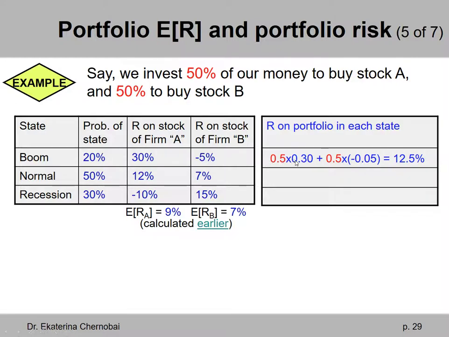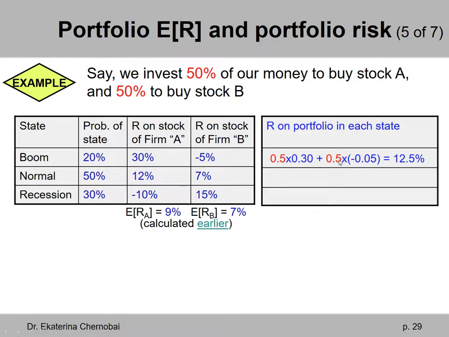So we have 0.5 times 0.30, that's for stock A, plus 0.5 times negative 0.05. That's for stock B. And this gives us 12.5%. That's the return from both A and B, the entire portfolio, in the boom state of the economy, if the boom state occurs, if the first row in this table occurs.